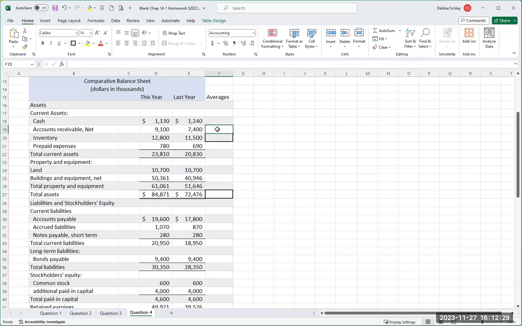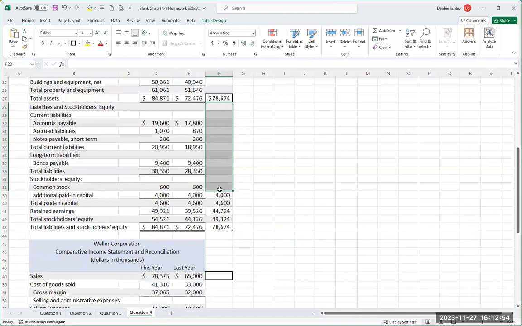And so to compute the average, you take equals, and I'm going to put parentheses, you take this year plus last year, close parentheses, divided by 2. That's not what I want to do. So I love Excel. It did it for me for all of them, which really wasn't what I wanted.